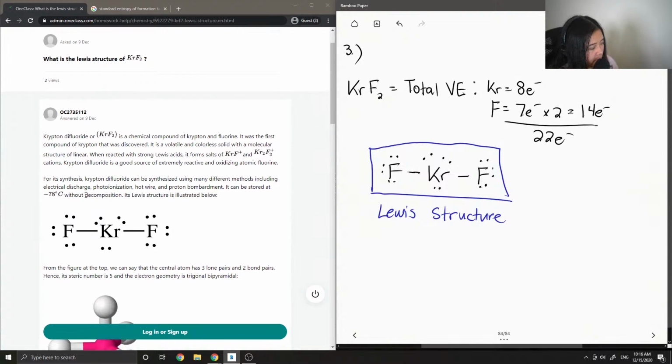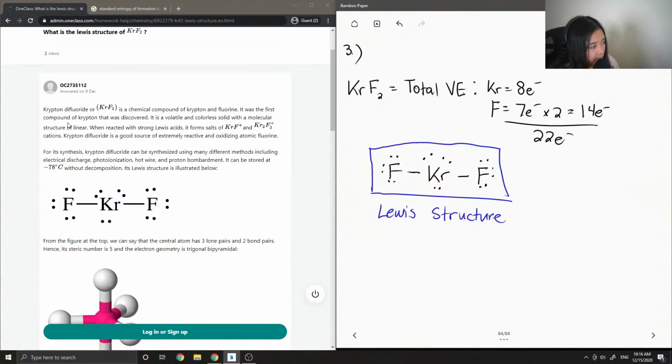Okay, so the junior tutor said, krypton difluoride, or KrF2, is a chemical compound of krypton and fluorine. It was the first compound of krypton that was discovered. It is a volatile and colorless solid with a molecular structure of linear. When reacted with strong Lewis acids, it forms salts of KrF+ and Kr2F3+ cations.